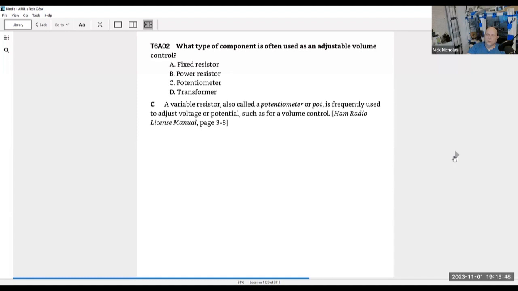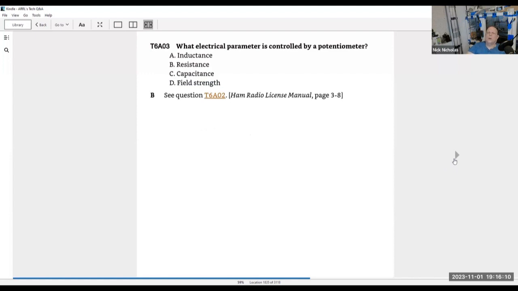Another name for a variable resistor is potentiometer, and short for potentiometer, we call them pots, but they're looking for this answer here, potentiometer, because that's the answer they give you. What electrical parameter is controlled by potentiometers? Well, potentiometers are variable resistors. They control the resistance of a circuit or circuit path.